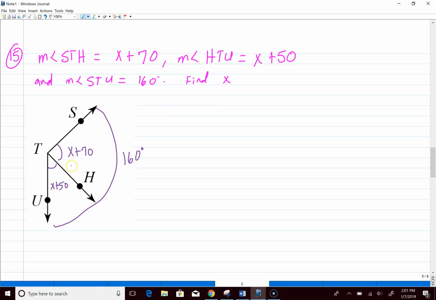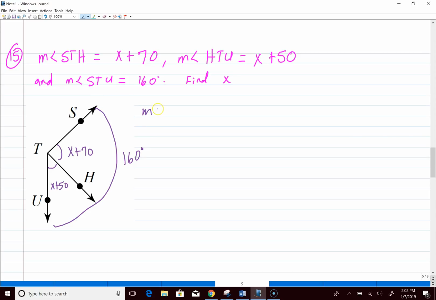Well, this is the angle addition postulate. If you add this piece right here, you add it to this, then you get the total amount. Right? I'm just going to write that out now. In other words, I guess I'll just write out the full formula for now.